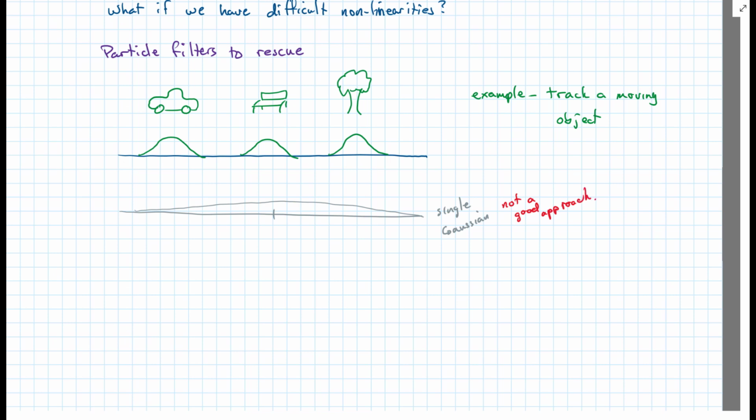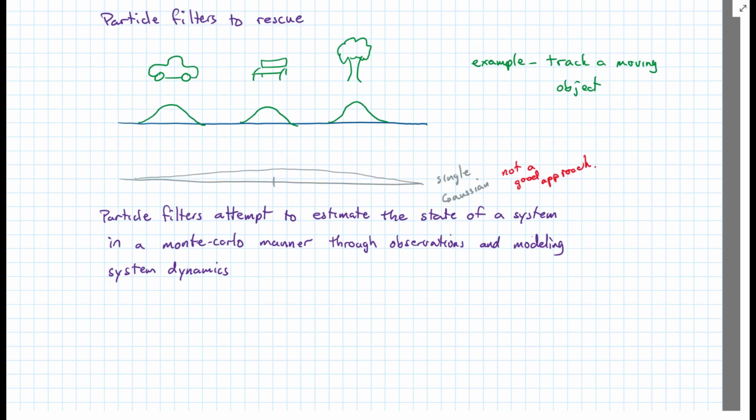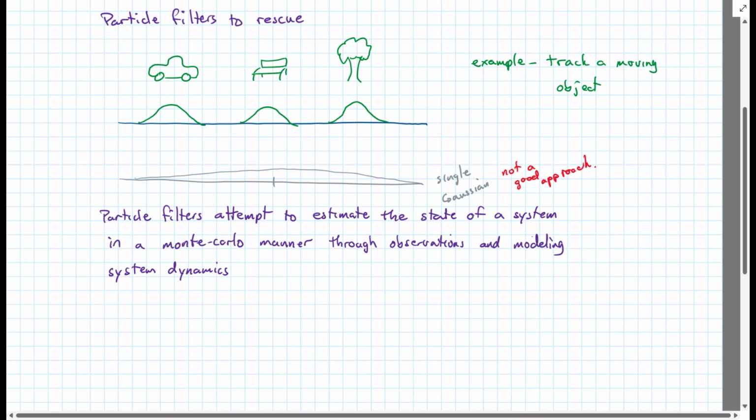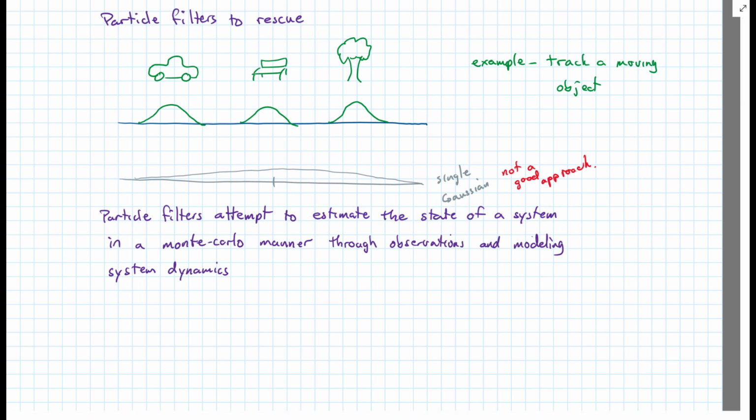Instead, particle filters are going to attempt to estimate the state of the system in kind of a Monte Carlo type manner through observations and modeling of system dynamics. So nearly everything about this statement applies to Kalman filters, but there are a few differences. First, we are estimating the state of a system. That's exactly what a Kalman filter is trying to do. Second, we have observations, just like with our Kalman filter. Next, we model system dynamics, again, just like the Kalman filter.